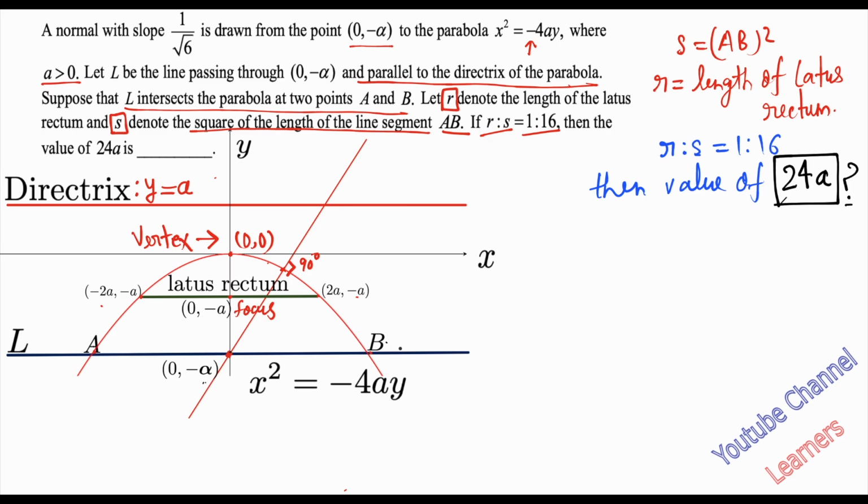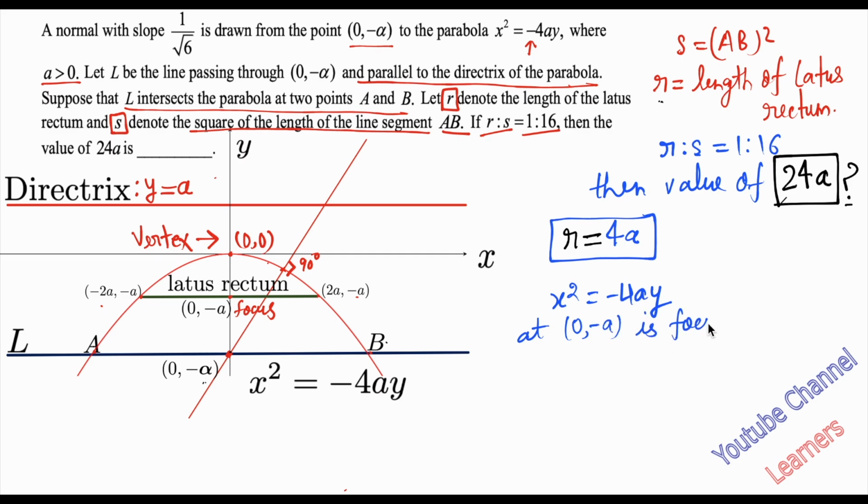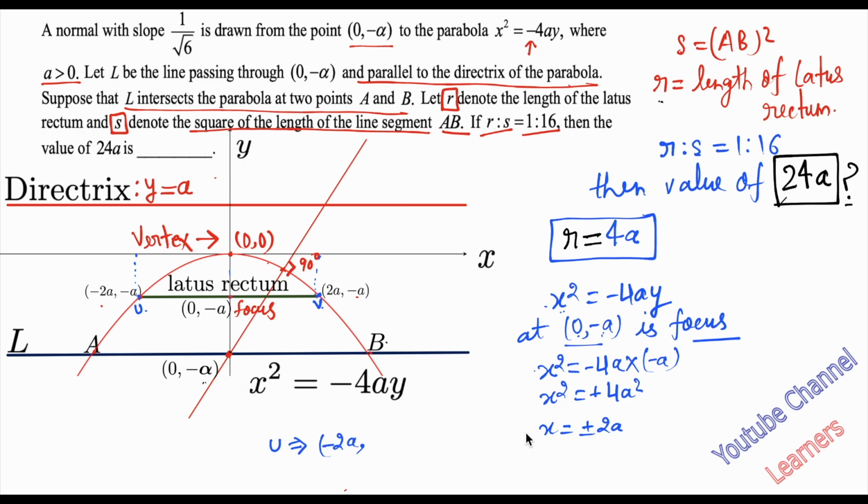Here I have also included how the length of latus rectum is calculated. The latus rectum is a chord of the parabola which is parallel to the directrix, perpendicular to the axis of symmetry, and goes through the focus. In our case, the axis of symmetry is x equal to 0, or the y-axis.